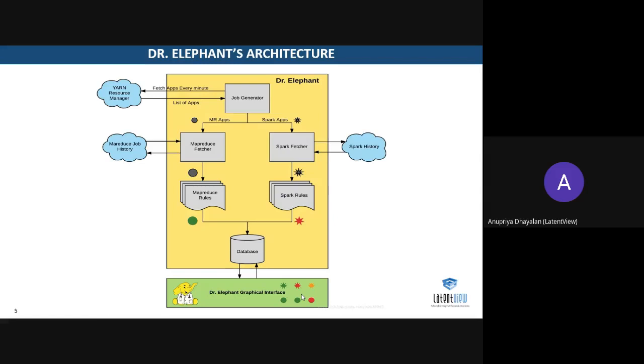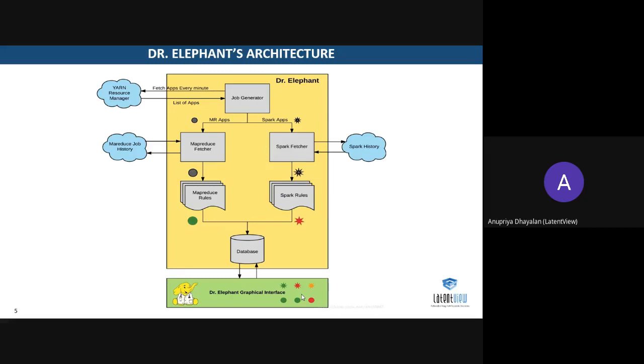Dr. Elephant integrates directly with a MySQL database. It also has a graphical user interface, where whatever logs and information have been executed and collected from the metrics can be seen visually through the UI, from the dashboard.